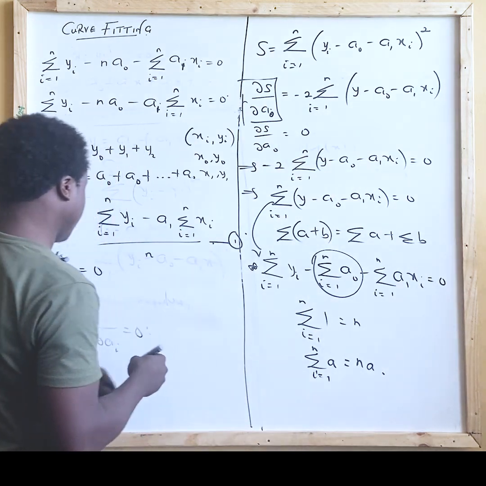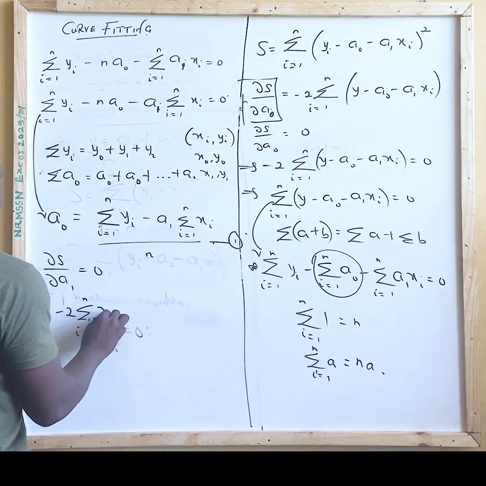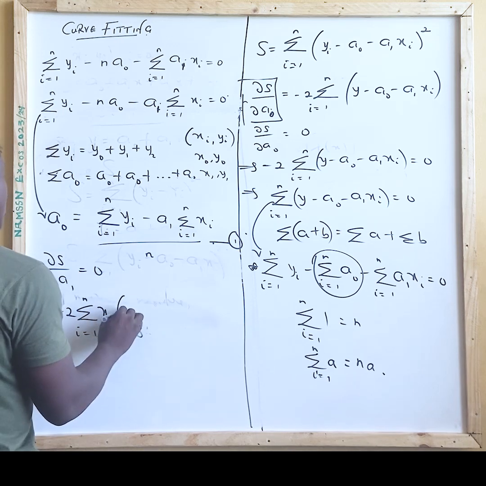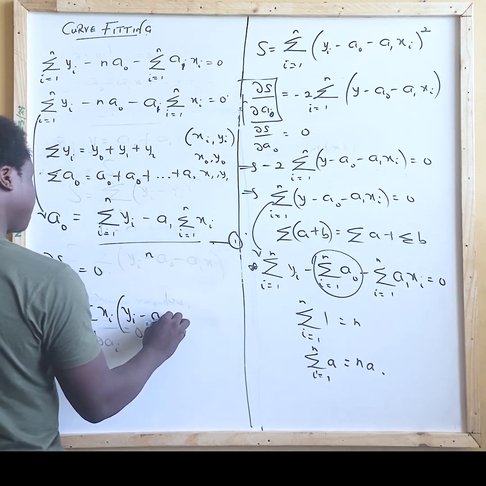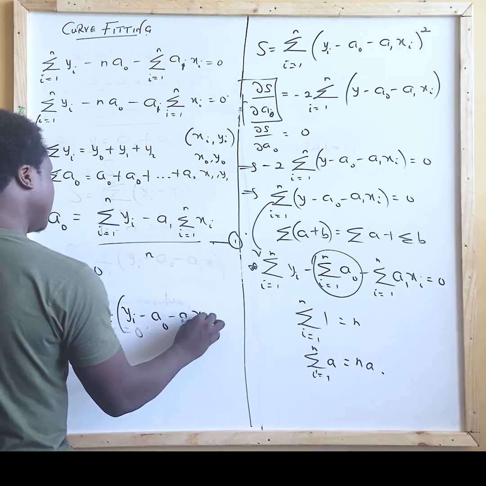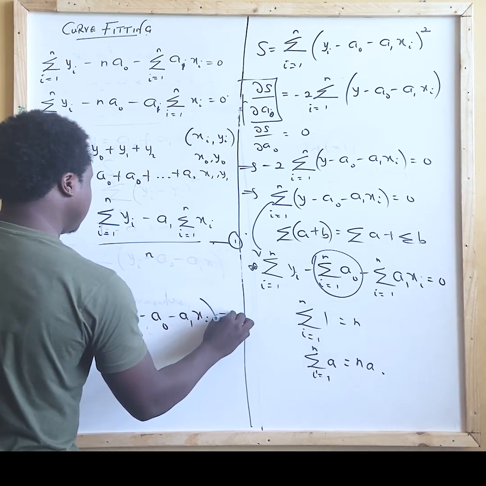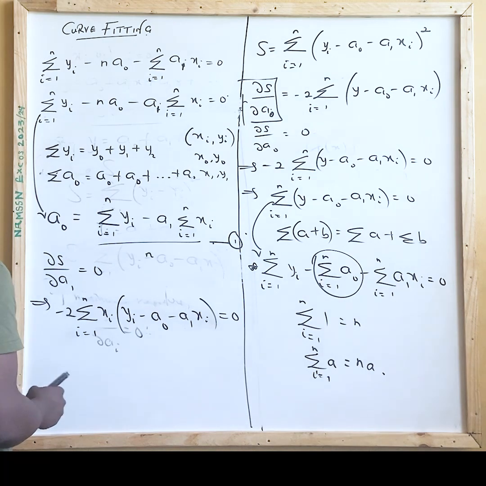Right? So here I should be having minus xi, then times yi minus a naught minus a1 xi, and then it should be 0. Don't forget our xi is a variable. So our minus can go away.